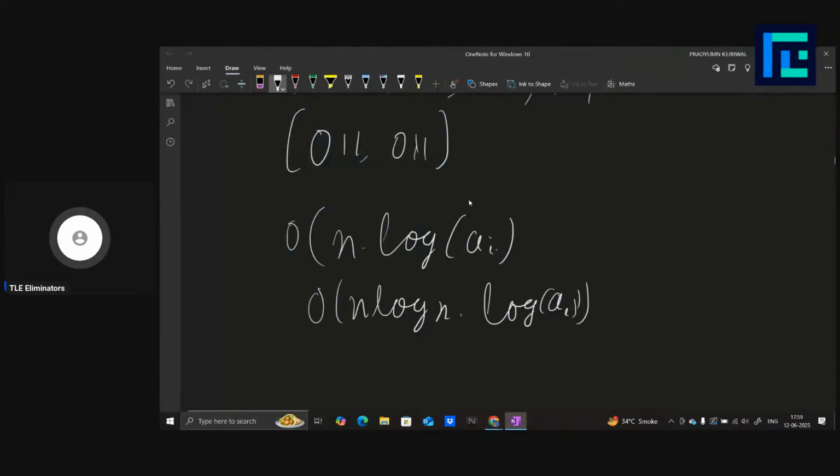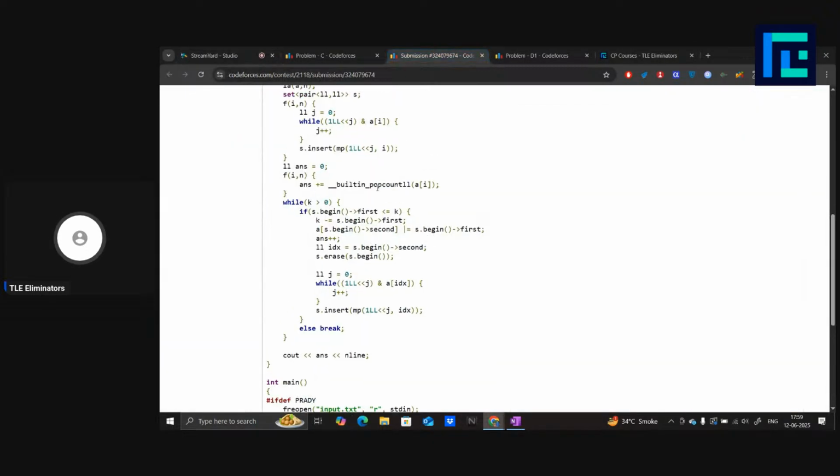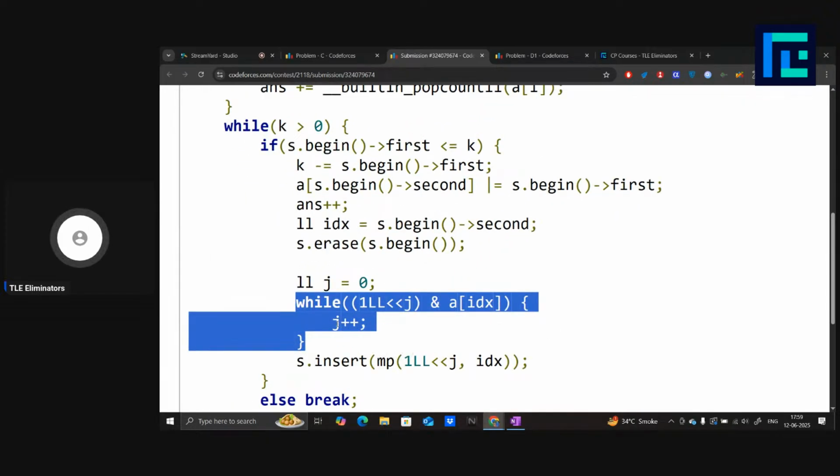Yes, yours is n log AI. I told that only. Mine is n log n into log AI because I am continuously iterating over this loop. Because of this loop, I have log AI also. Otherwise, it is n log n. Mine is n log n, but because of this loop, it adds an extra log AI to my answer.